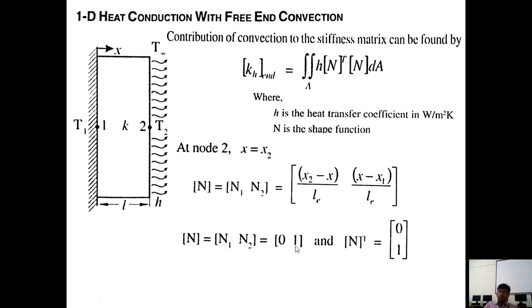I got the N value, so N transpose converts this horizontal matrix into a vertical one, that is [0; 1]. H is constant, and I know N transpose and N, so substituting into this equation and multiplying, finally I get H into [0 0; 0 1] into the integral of dA.